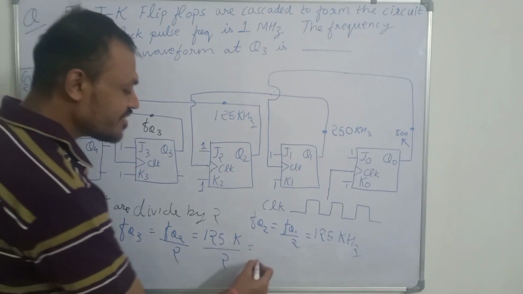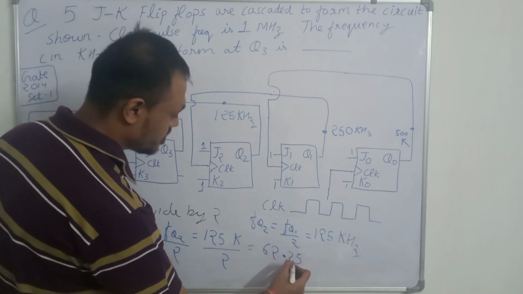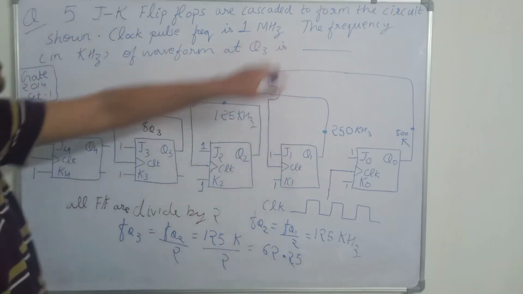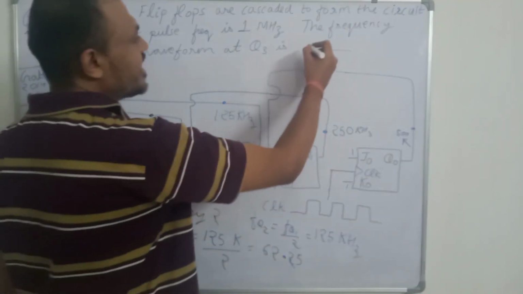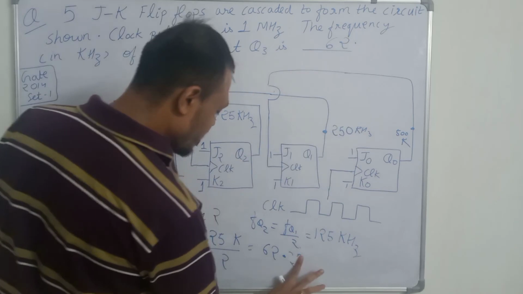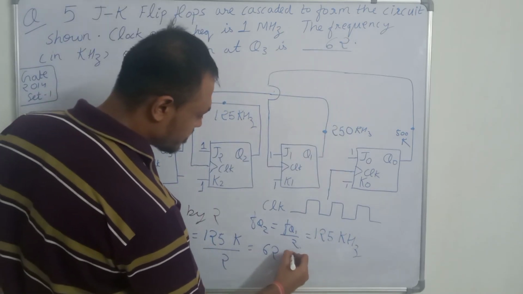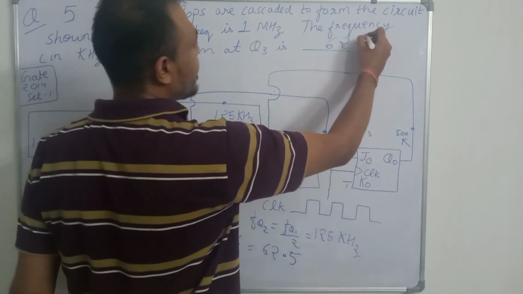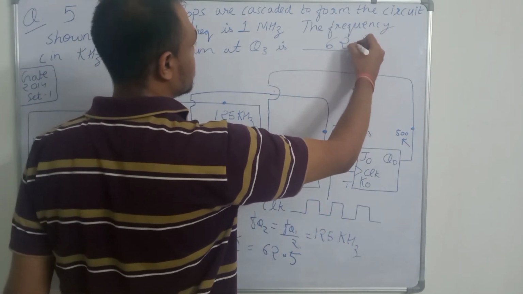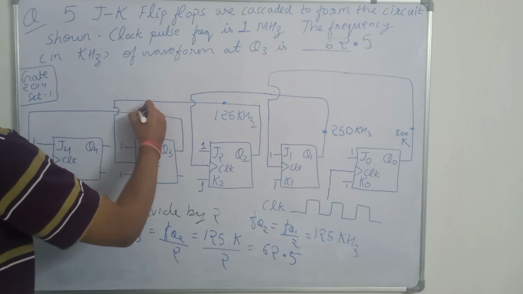So the frequency of Q3 will be 62.5 kilohertz, because 125 upon 2 is 62.5.